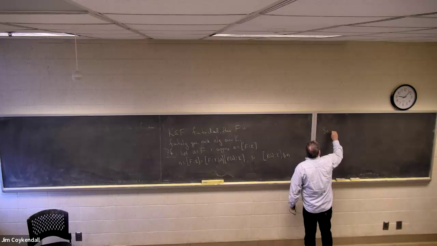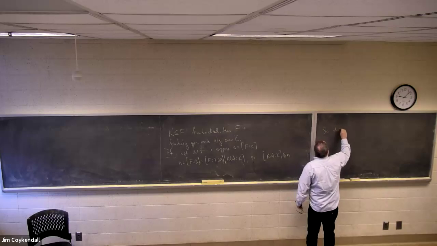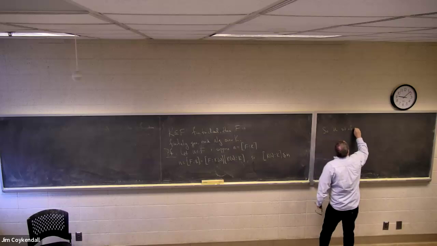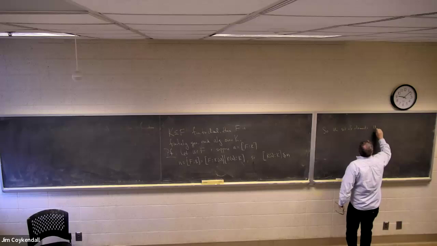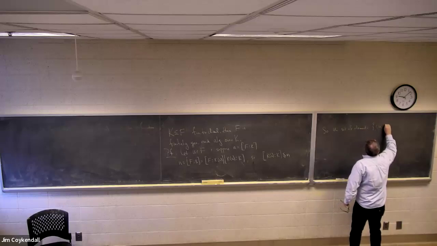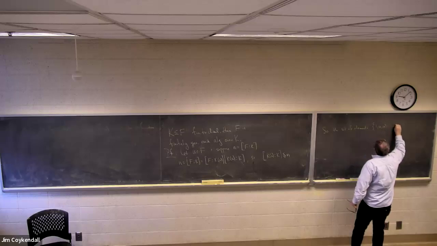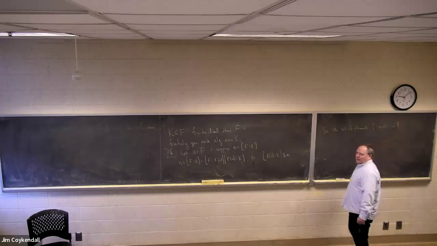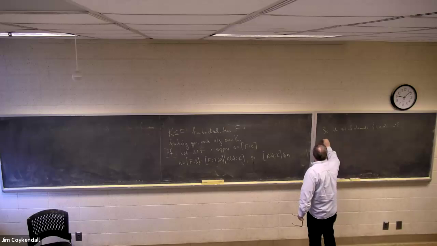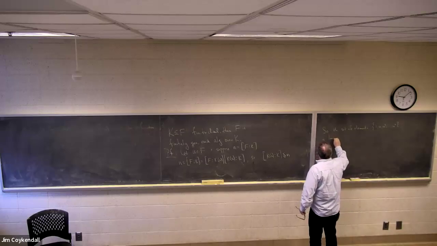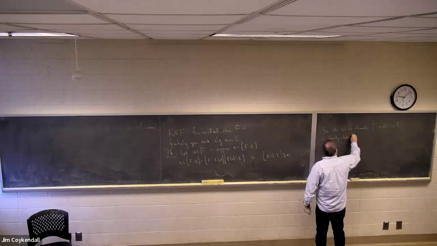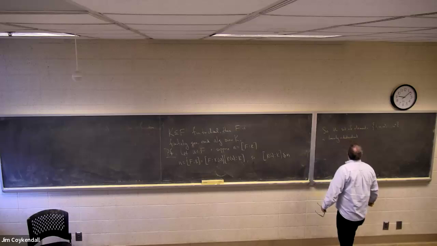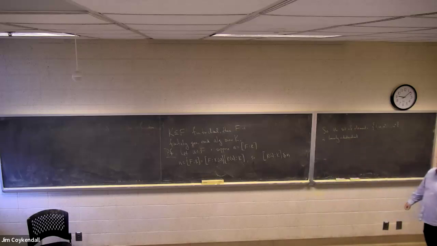So the set of elements 1, U, U squared, up to U^N is linearly dependent, right?